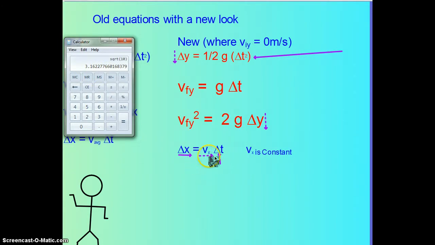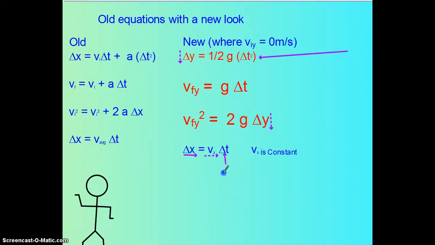So now we know we have our time of 3.16 seconds. We know we have a velocity of 10 meters per second. Therefore, we can say that it went 31.6 meters horizontally. That's how you do it.